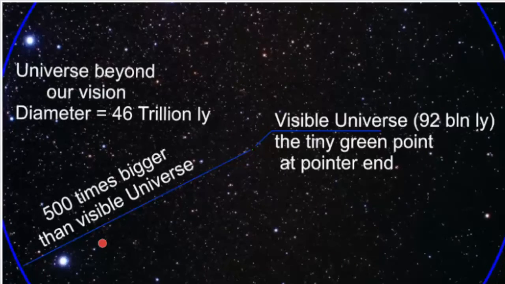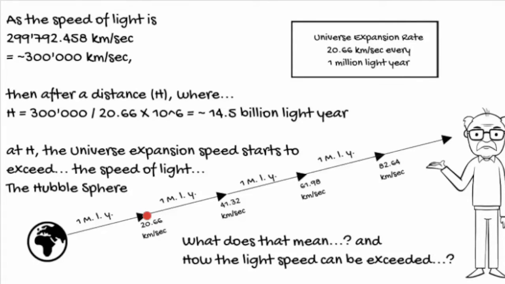As we discussed earlier, the universe is expanding, and we learned that the expansion rate of the universe is 20.66 kilometers per second for every 1 million light years. Which means you are standing here on Earth and there is a star or a galaxy away from Earth by about 1 million light years, then its expansion speed, the speed running away from Earth, is 20.66 kilometers per second.